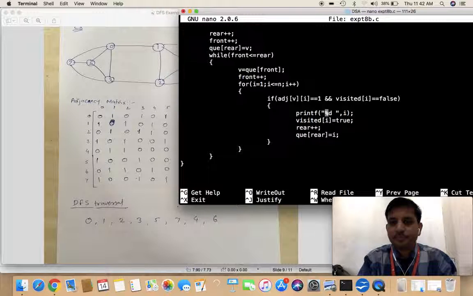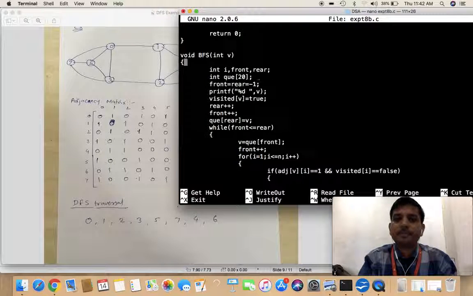So we check the condition adjacency of v of i equal to 1 and visited of i equal to false. If so, then printf i is printed, then visited of i equal to true, rear plus plus, and q of rear, that is, it is inserted into the queue, and this repeats until the queue becomes empty.